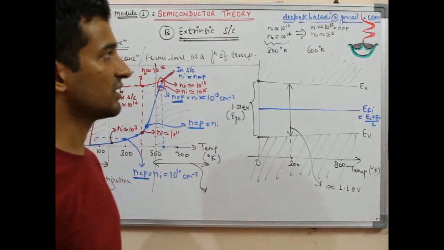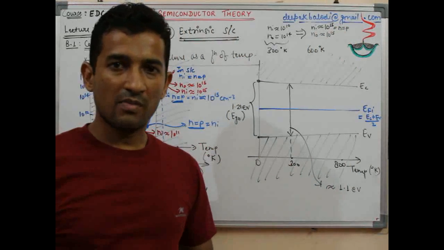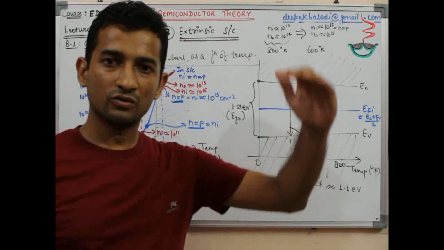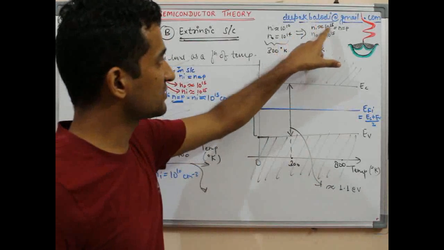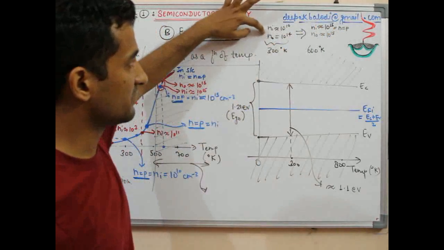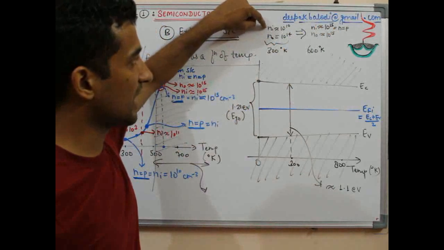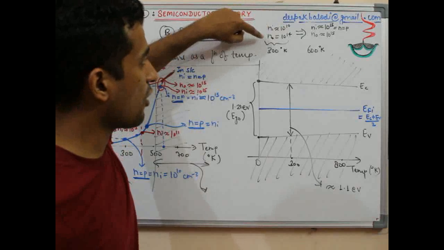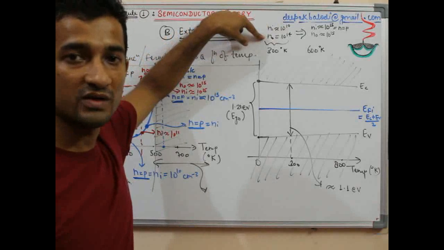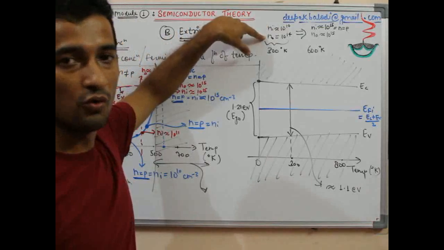So the minority carrier has also gone up, because ni means both n and p increase. When we were here, ni meant both n and p intrinsic were there, and on top of that there were electrons in excess, so the holes were very low.